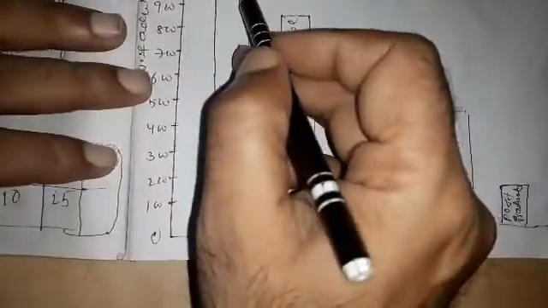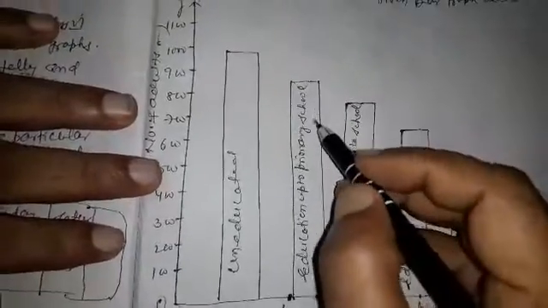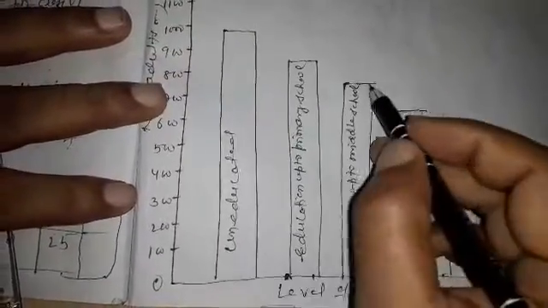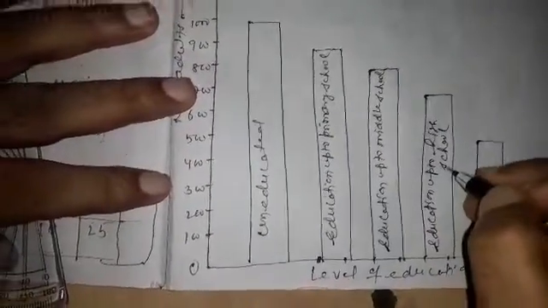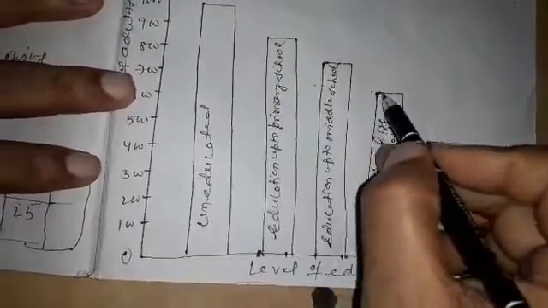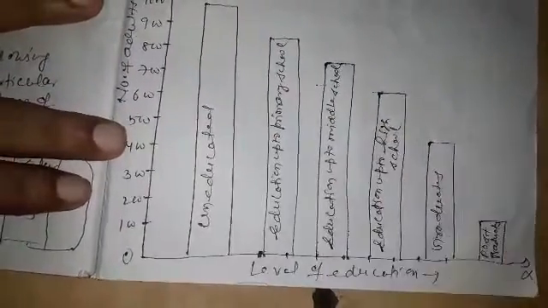Uneducated adults are 1000. Education up to primary school is 900. Up to middle school is 800. Up to high school is 700. Graduates 500, and postgraduates 200.